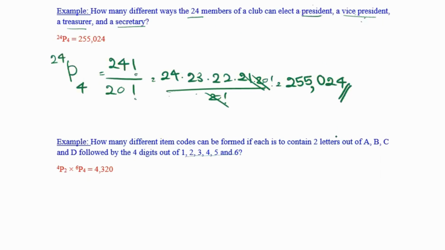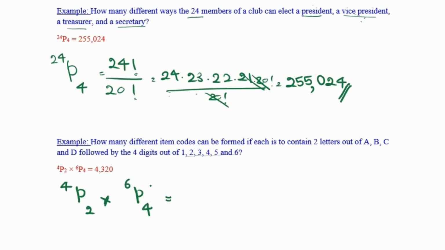So we have 4 letters out of which we have to choose 2, and these 2 letters can flip around in between as well, so it's a permutation. Then you have to multiply that by the digit part. Out of 6, we have to choose 4, and we can permute in between as well.